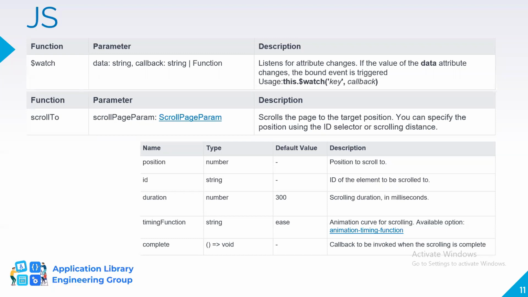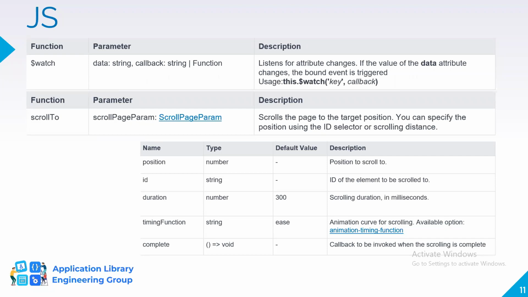And a few page level functions also, like scroll to. So this will scroll the page to the target position. So you can specify the target position in different ways.